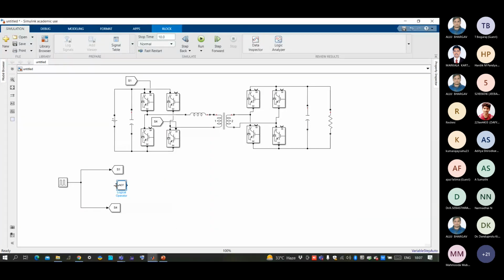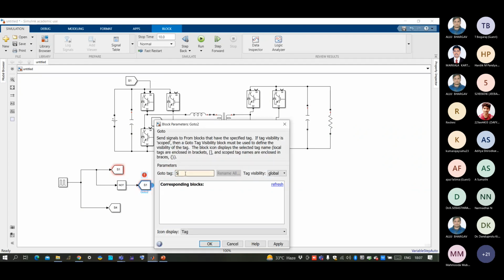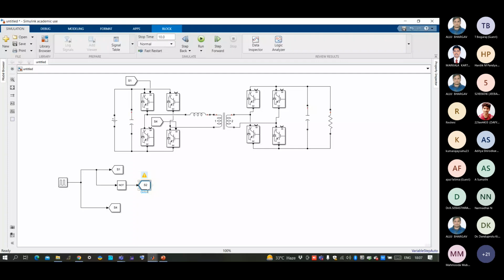And from here I'm giving to, and will be given to S2. And now we require one more, S3.